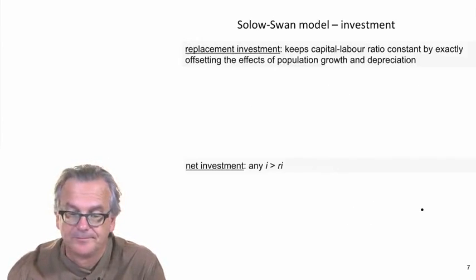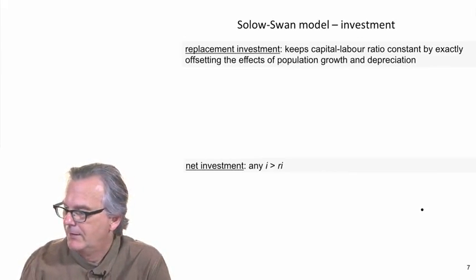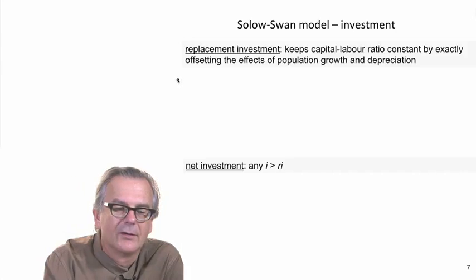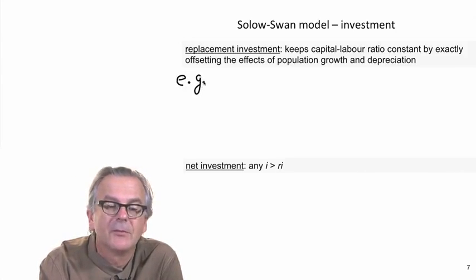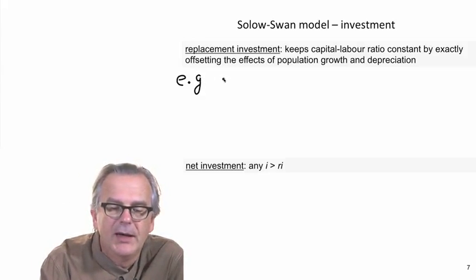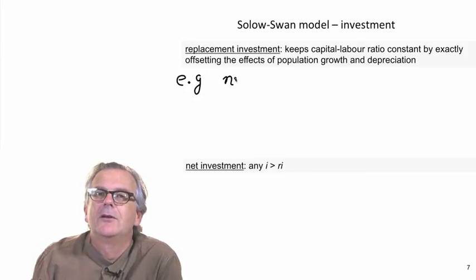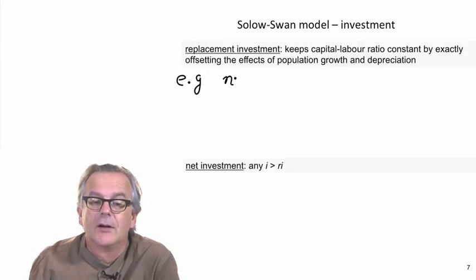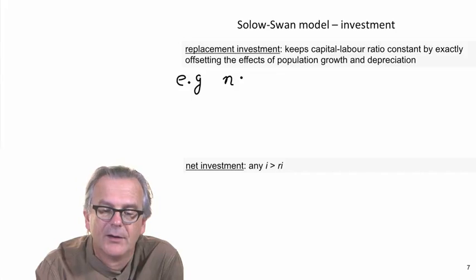For example, let's think about the following. Suppose, and I'm going to introduce some notation here, suppose we have a population growing at a particular rate, and I'm going to use the letter lowercase n as my shorthand notation for the population growth rate.